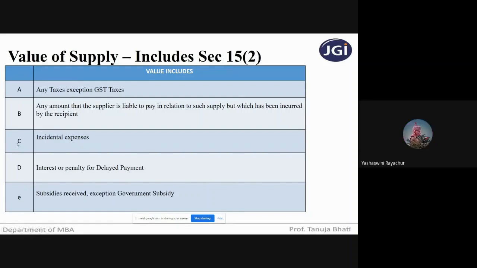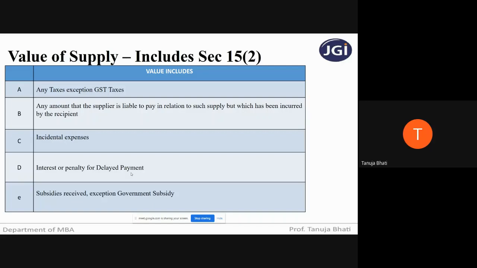Yes, ma'am. Okay, now let us see section 15 subsection 2 clause D. Interest or penalty for delayed payment. So what happens here is, suppose we continue the example, suppose the supplier in Bangalore is telling the recipient in Mahabaleshwar that if you are not making the payment of this particular transaction within 3 months, then I am going to charge you an interest of suppose 1,000 rupees per day delay.